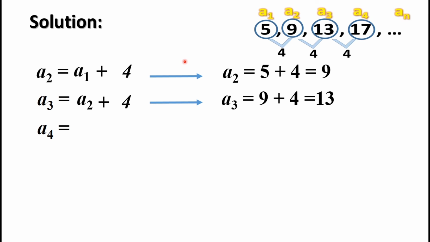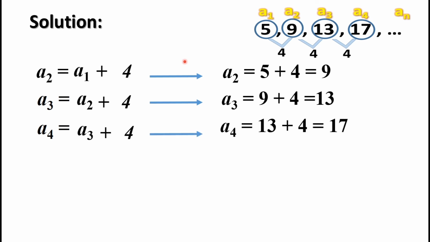Very good. Next, how about a sub 4? What is the term that precedes a sub 4? Very good. That is a sub 3 plus 4. That is a sub 4 is equal to 13 plus 4. That is 17. So as you can see, with our given sequence, your a sub 4 is 17.